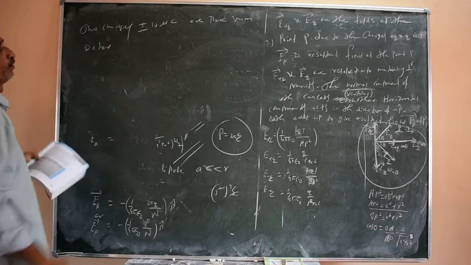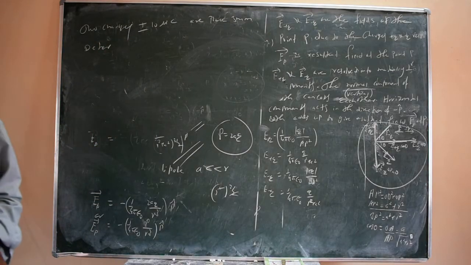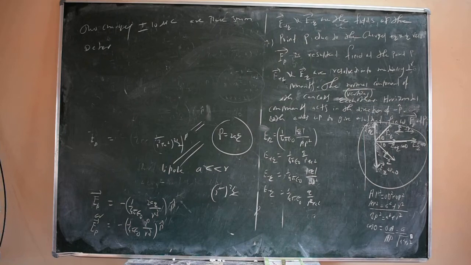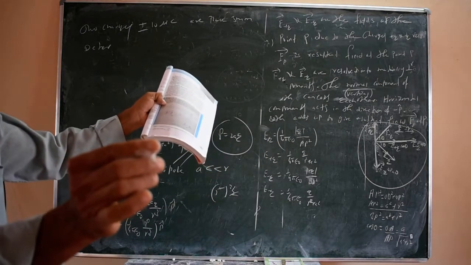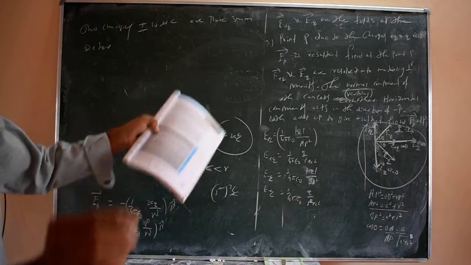It is a dipole, no? Plus or minus 10 microcoulomb, two charges plus q and minus q. Q is equal to 10 microcoulomb and 2a is equal to 5 millimeter, meaning the distance between plus q and minus q is 5 millimeter.